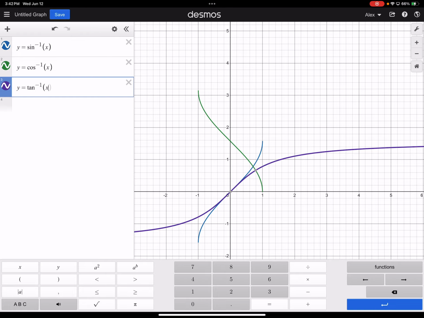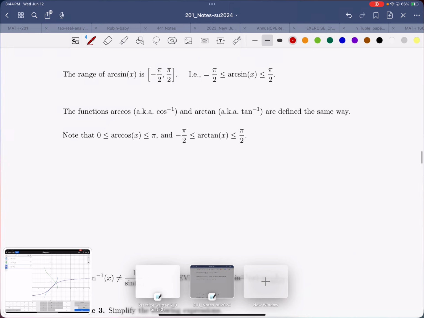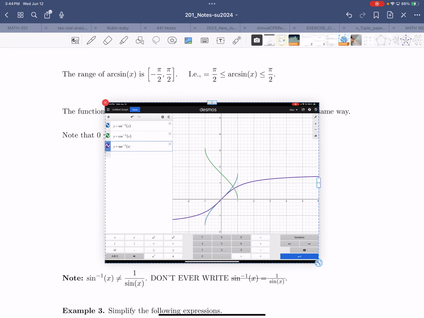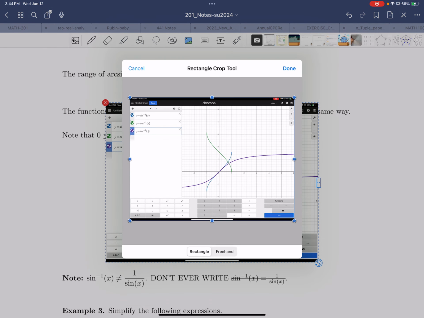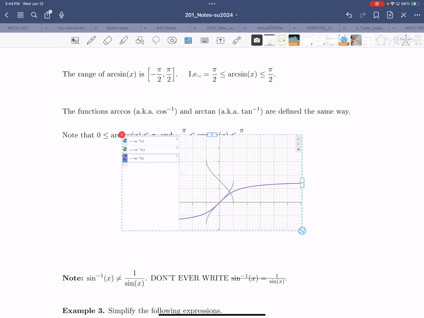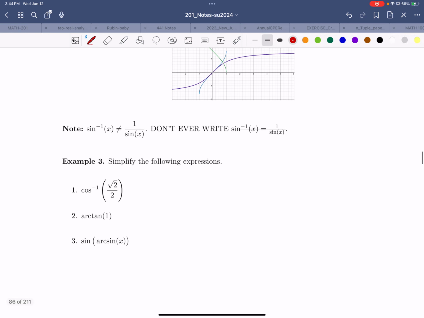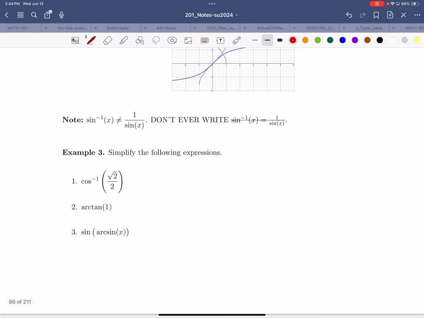So just to kind of quickly show you, that's what we're working with here. Anyway, a couple of quick simplifications here.